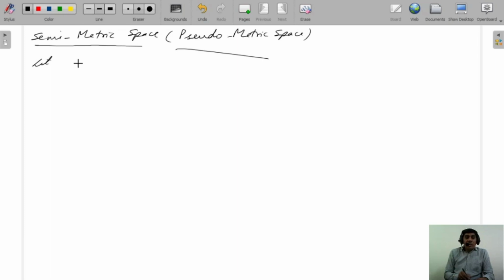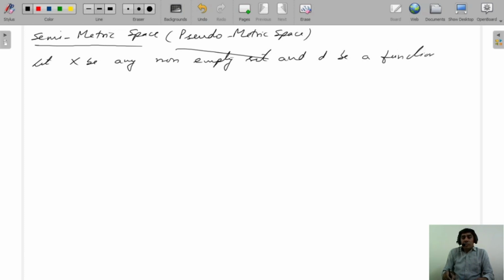Let capital X be any non-empty set and d be a function from X cross X to R, that is d is a function from X cross X to R, satisfying the following properties.